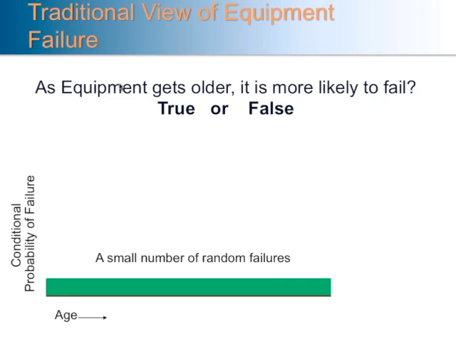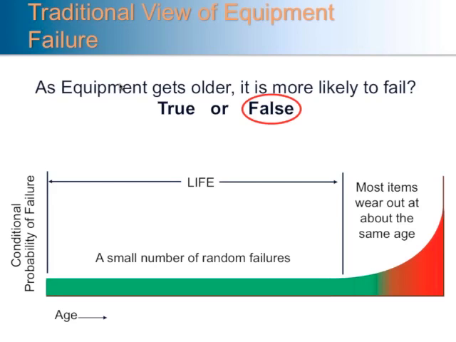I think it's fairly reasonable to say that over a period of time, as we have equipment in service, we would expect to see a certain amount of failure, and we're going to sum that up in this concept of a conditional probability of failure as equipment is in service, and it will reach this natural point where we'll start to see an escalation in the number of failures occurring.